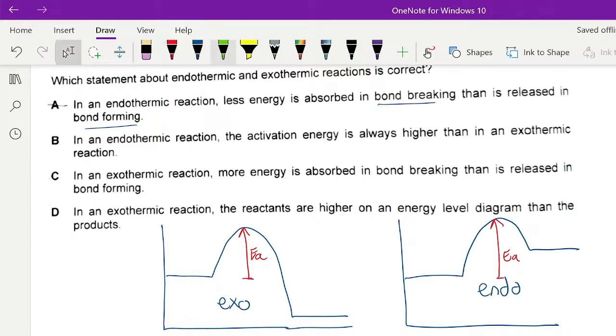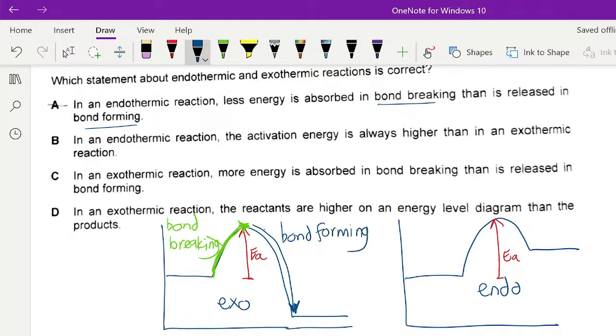But what do we know? We know that in an exothermic reaction, this energy, the activation energy, is used to break the bonds. So this is bond breaking. Energy is absorbed for bond breaking, whereas this part is the energy released during bond forming.